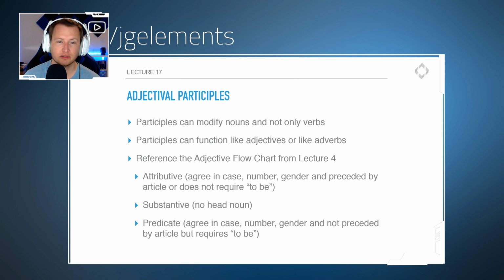And as a result, when they modify nouns, they function just like an adjective. When they modify a verb, they function just like an adverb. So what that means is, if you see it relative to a noun, follow the adjective flowchart that I gave you in lecture 4. You won't find that in Mounce. I created that. So check that out. It'll help you.